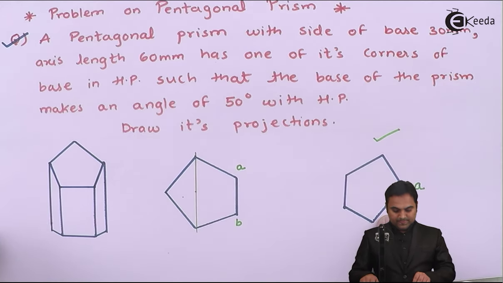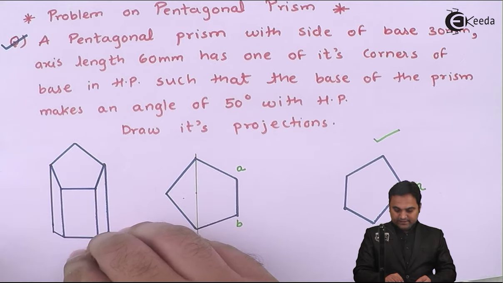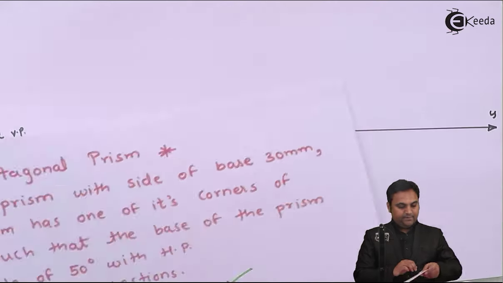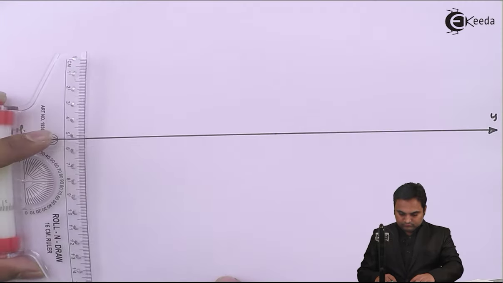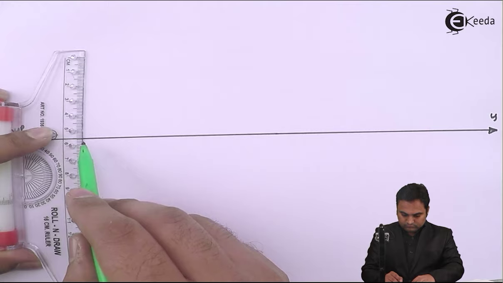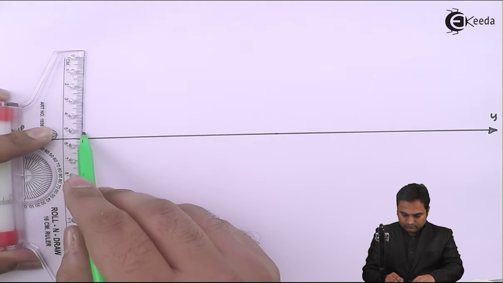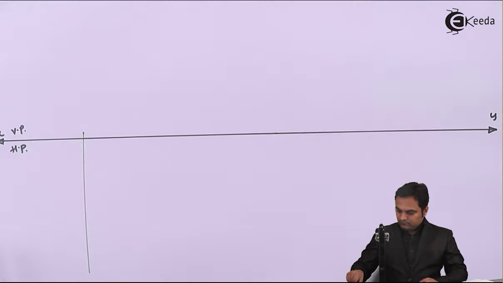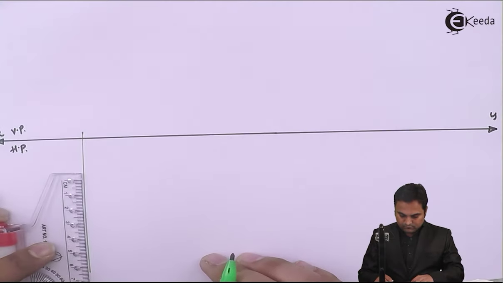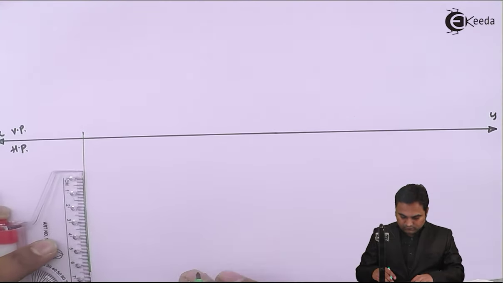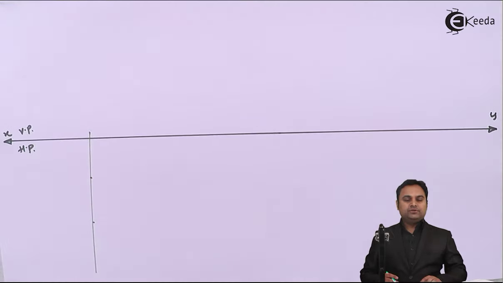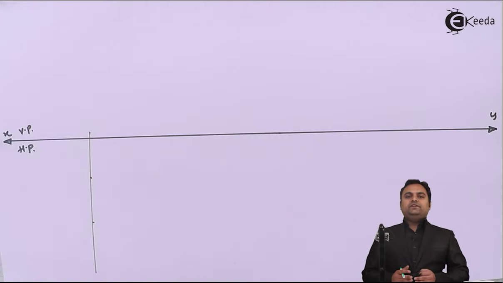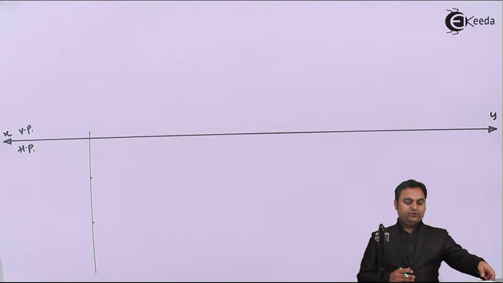Using this condition, I'll draw the pentagon, and its side of base is given as 30 mm. Marking 30 first. Then to draw the pentagon, the edges of the pentagon are inclined at an angle of 72 degree.